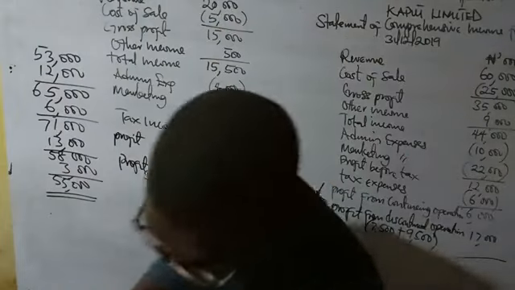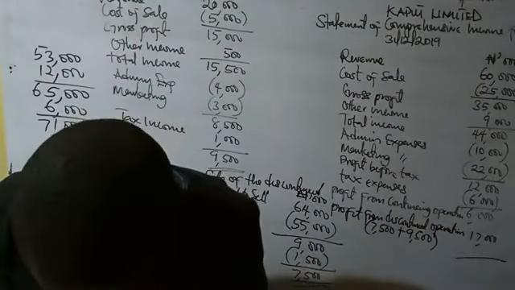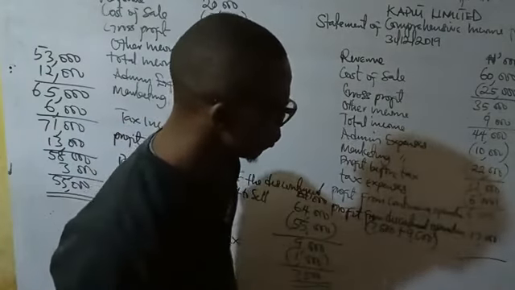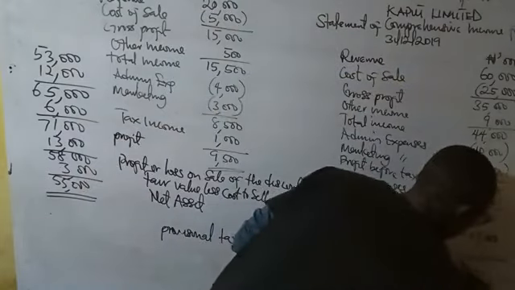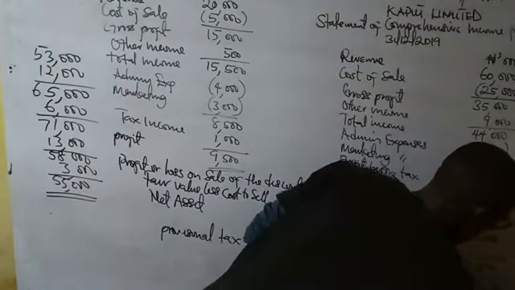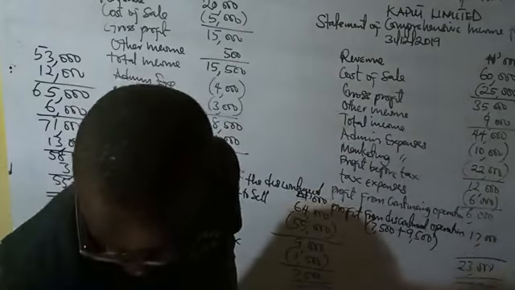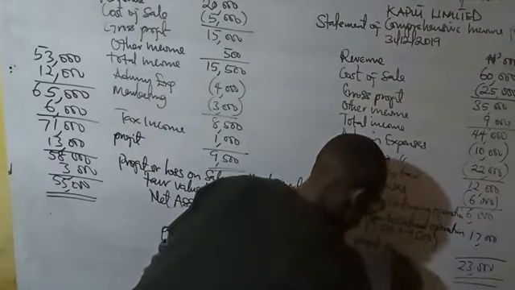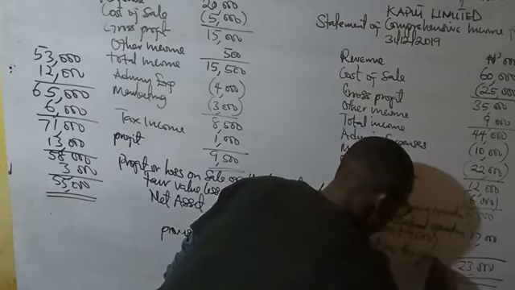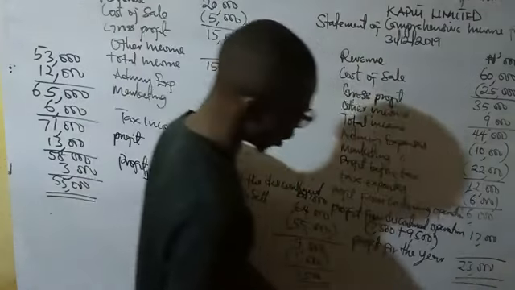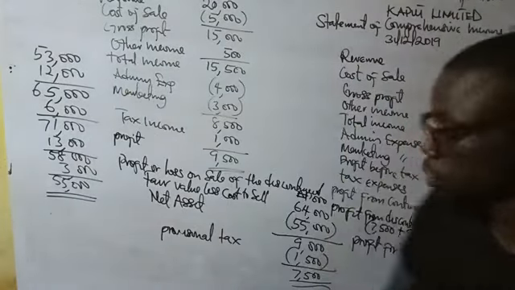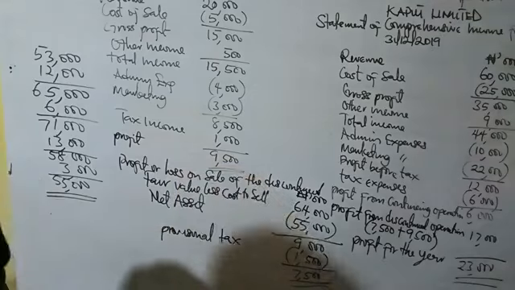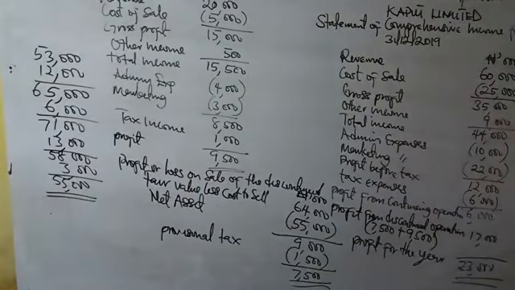If you add it together, that will give you how much? 17 plus 6. That's 23. So 23 will now be your profit for the year. Am I communicating? That will be your profit for the year. There is no item of other comprehensive income here. So that means the total comprehensive income will still be 23. So we have come to the end of this.